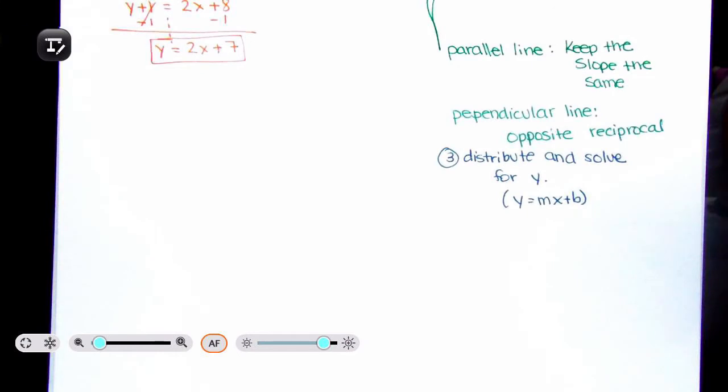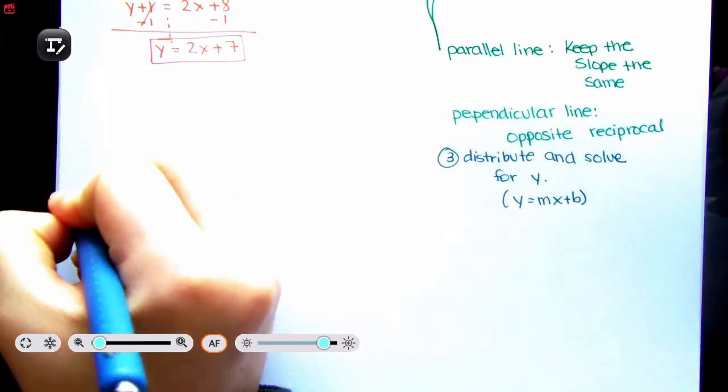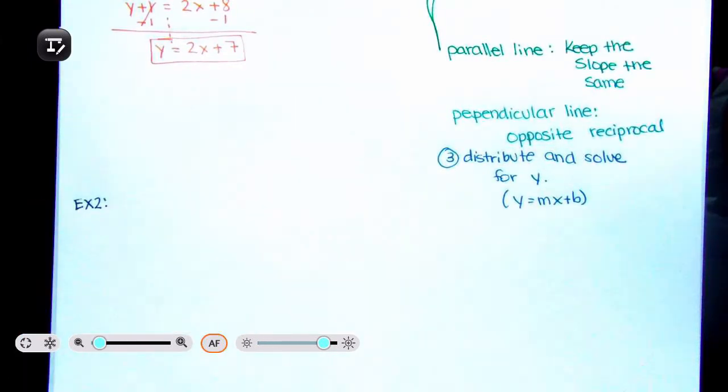All right, so now we're on example number 2. For example number 2, let's work with something that's asking us to find something that's perpendicular.